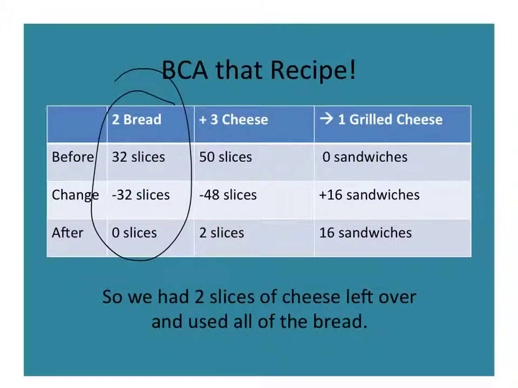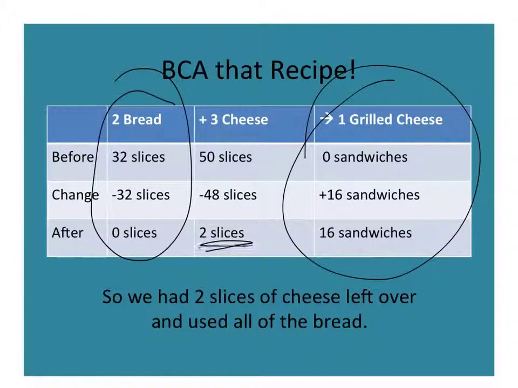We used it all. We don't have any more left, so that one limited the number of grilled cheese sandwiches. Really, we could have made 2/3 of a sandwich if we used these last 2 slices of cheese, but that just wasn't available for us because we ran out of bread.